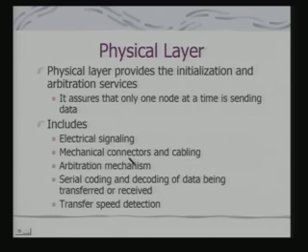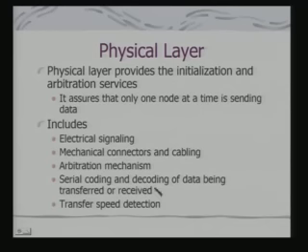This is very important for any of the standards, because otherwise you cannot have devices going into the ports manufactured by some other manufacturer. This is true even in the case of USB. Then arbitration mechanism, serial coding and decoding of data being transferred or received, as well as transfer speed detection, the speed at which the device will respond and be able to receive or send the data.